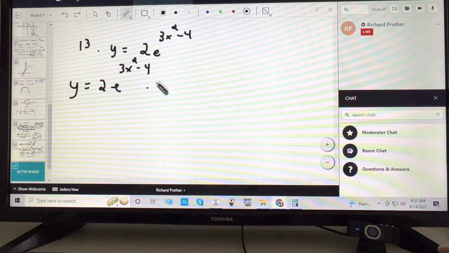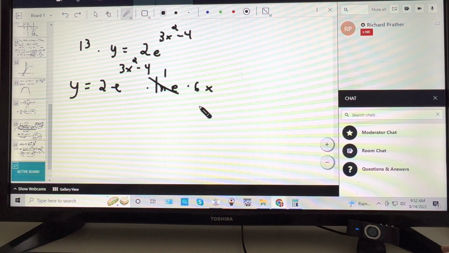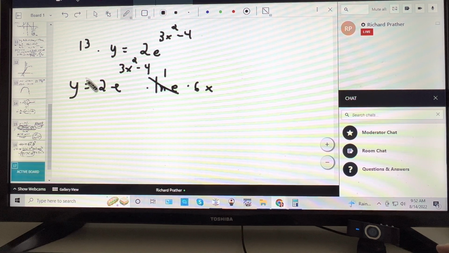I am multiplying by ln of e here, but we should know from algebra that ln of e equals 1, so that doesn't matter. And then if the exponent is not just x, then the chain rule applies and you multiply by the derivative of the exponent, which would be 6x. And just like the previous problem, I can put the most complicated part in the back. And the 6x times 2 could make 12x.